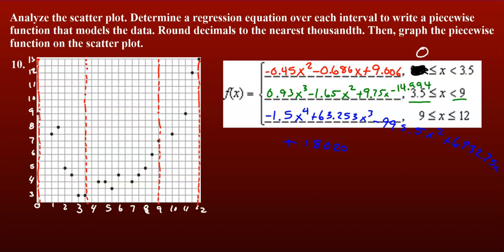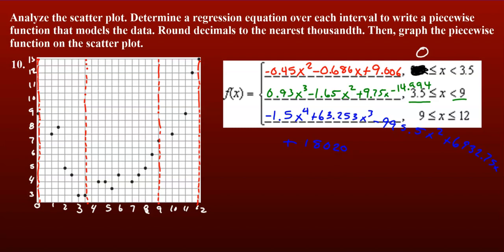All right, so we get negative 1.5 x to the fourth plus 63.253 x cubed minus 995.5 x squared plus 6,932.75 x plus 18,020.